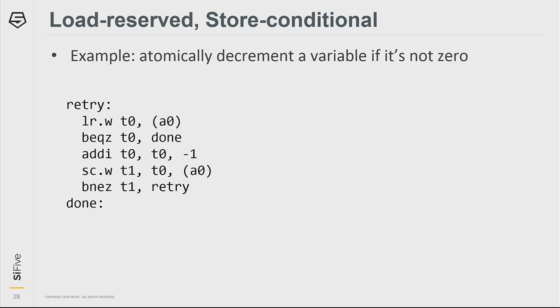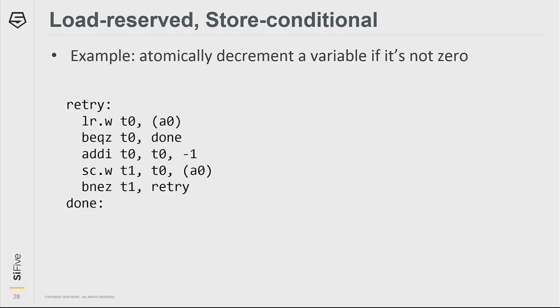Now you'll see that unlike store instructions, the store conditional has this destination operand T1. That's there so it can write a success or failure flag so that software can decide what to do. If it writes 0, that means it succeeded. If it writes some non-zero value, that means it failed. So then you just put a branch-not-equal-to-0 instruction to retry this until it eventually succeeds.